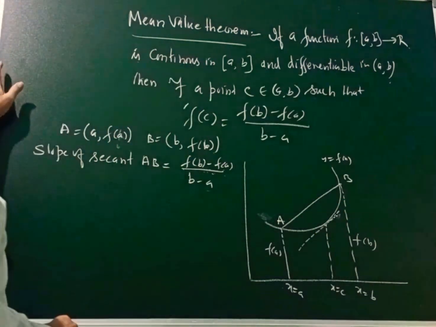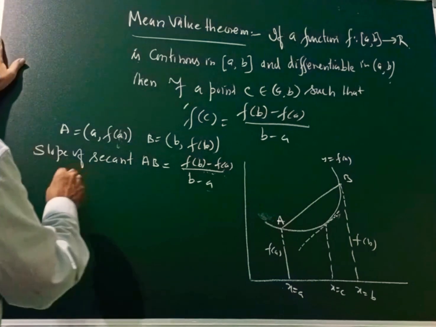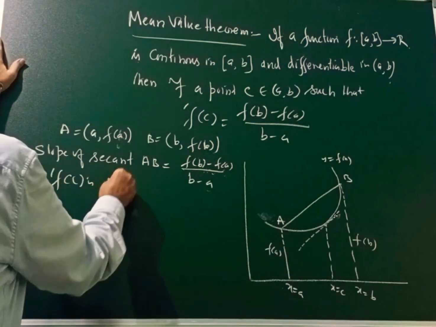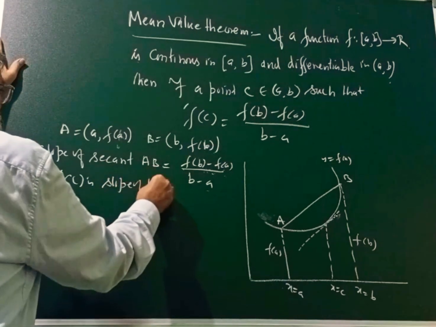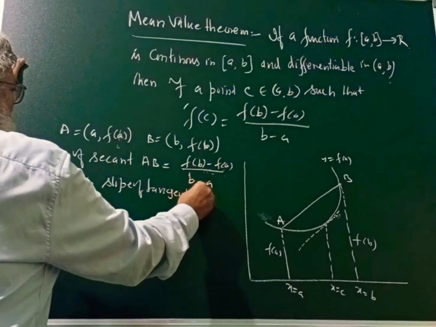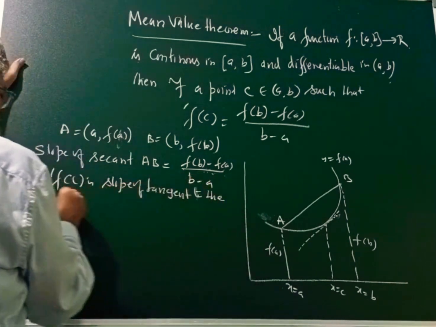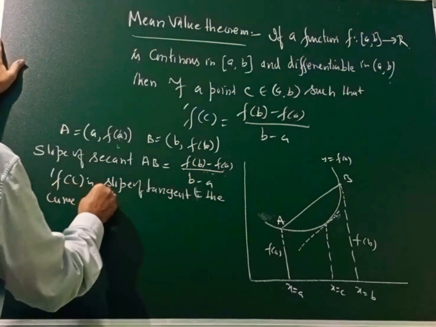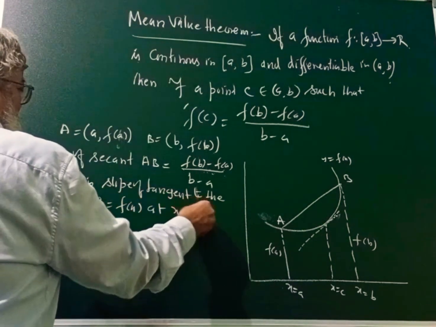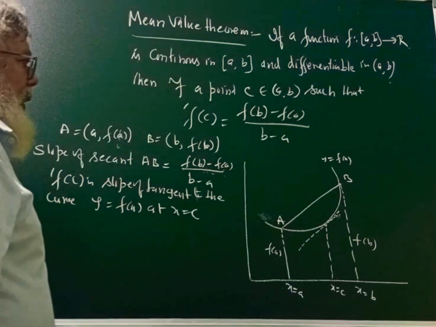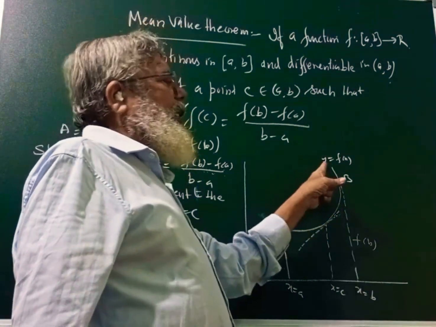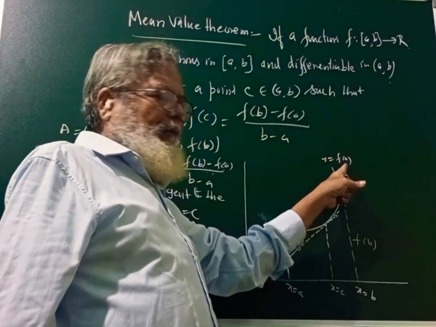So here, f dash C is the slope of the tangent to the curve y is equal to f(x) at x is equal to C. First, let us see here the curve AB, which represents y is equal to f(x).